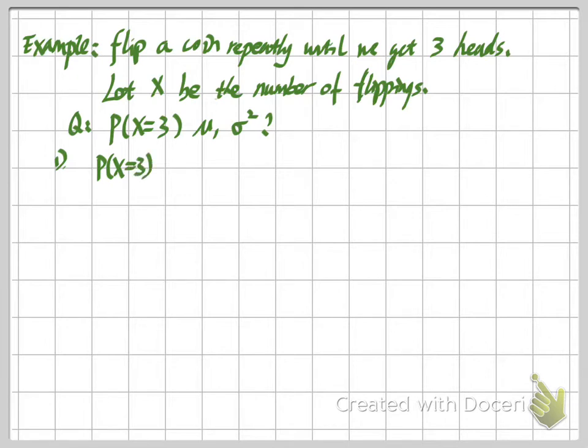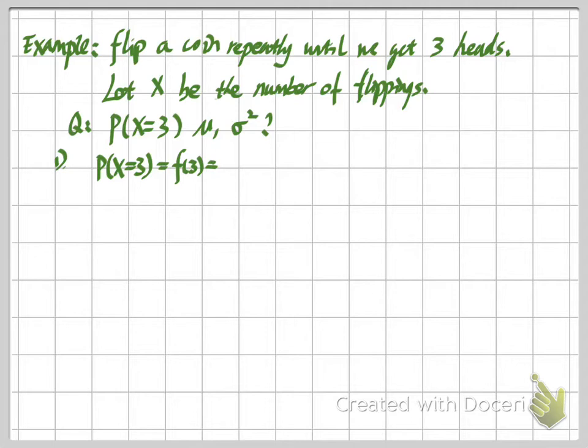In this question, to finish the first part, by the definition of the PMF, the probability mass function, the PMF at value 3 is the probability that x equals 3, right? So what we need is the formula for the PMF of a negative binomial random variable, and then we find the correct values for all the parameters.